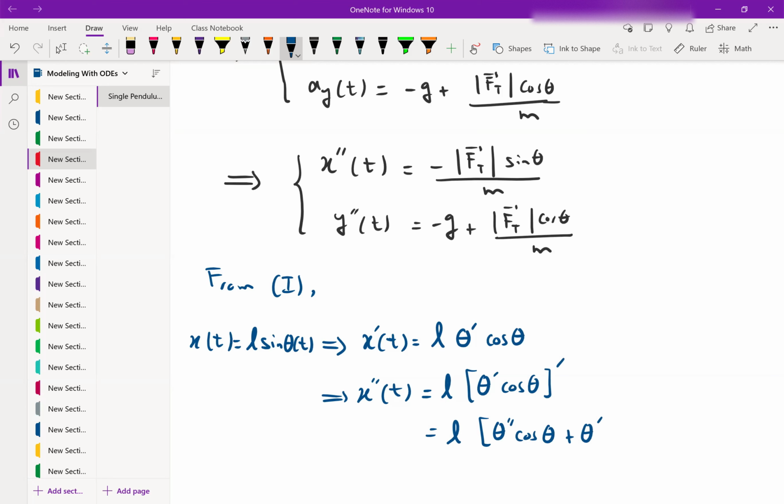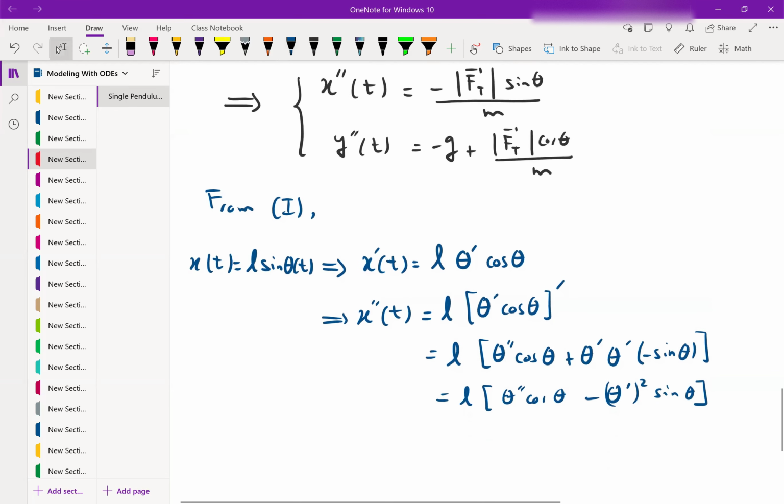The derivative of the inner function is theta prime, and the derivative of the outer function evaluated at the inner function is negative sine theta. So this is equal to L times theta double prime cosine theta minus theta prime squared sine theta. That is x double prime of t.